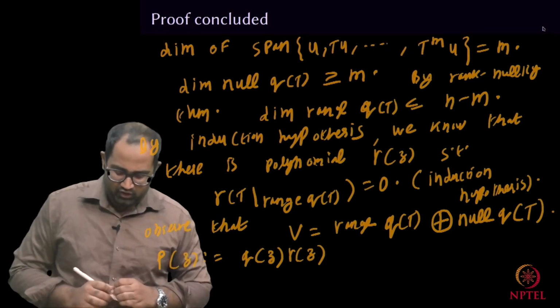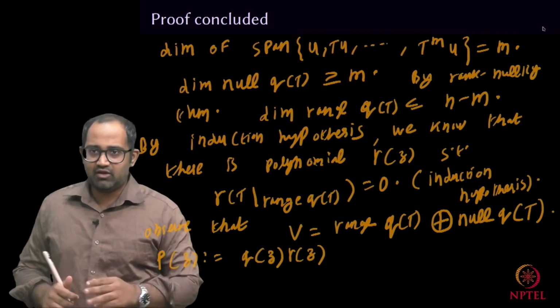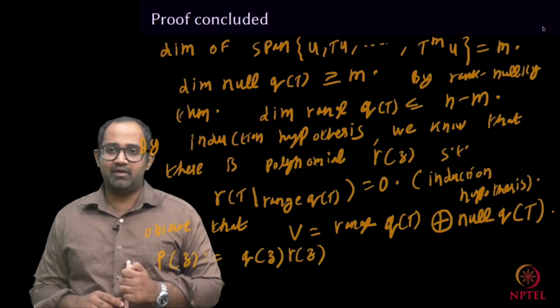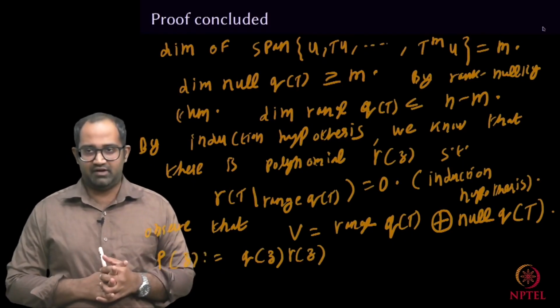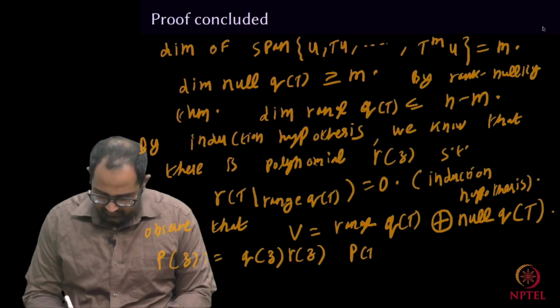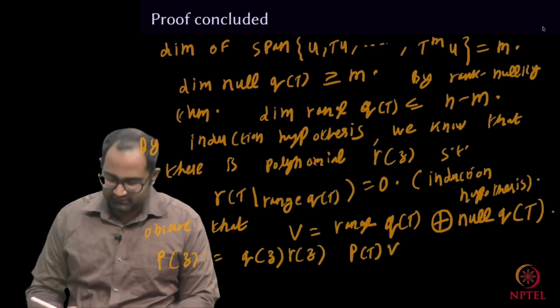Okay, let's talk about the direct sum later. Even without the direct sum, I can make some interesting conclusion. Let's look at the new polynomial P of z, which is equal to Q of z times R of z, and consider what P of t of any vector v is.